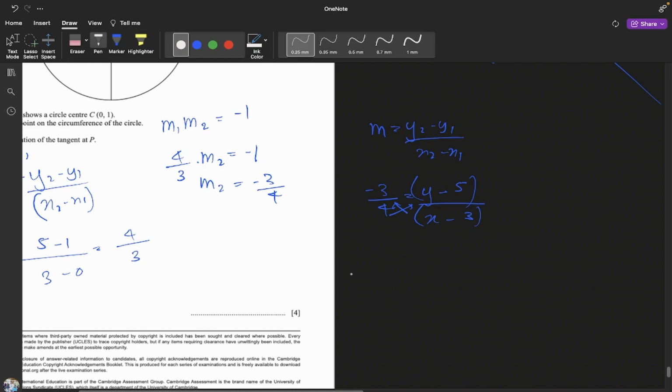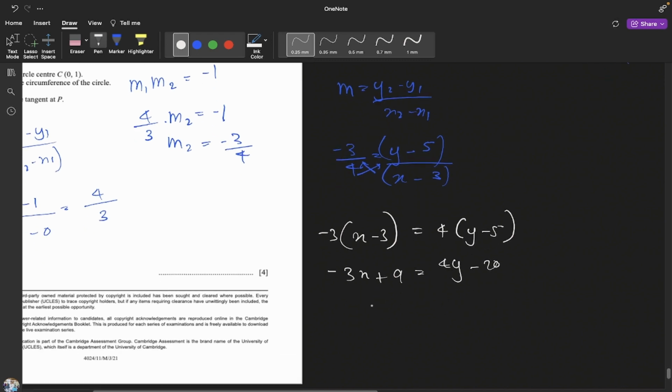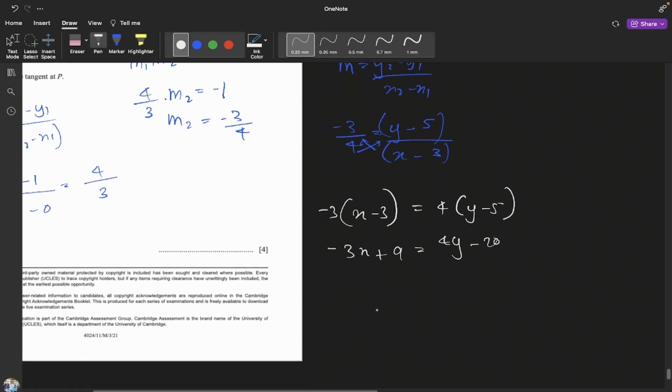So minus 3 times x minus 3 is equal to 4 times y minus 5. Minus 3x, minus into minus becomes plus 9, equals 4y minus 20. Now you have to make y the subject. So if I bring this 20 here, minus 20 becomes plus 20, and plus 9 gives 29, equals 4y. Now divide everything by 4.